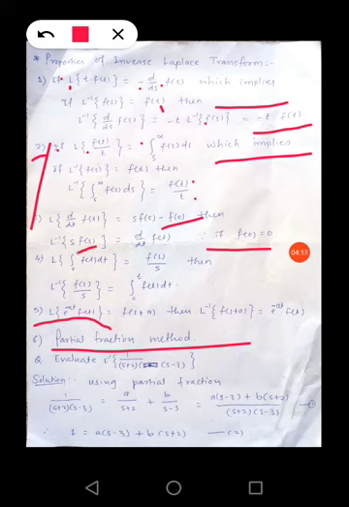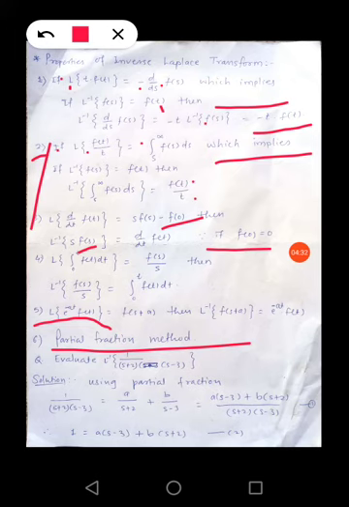Now let us solve one problem. Evaluate L inverse of 1 upon (s plus 2) into (s minus 3). Clearly observe the function of s which is given.